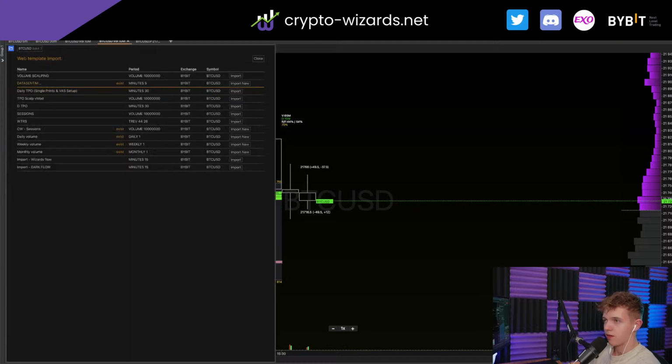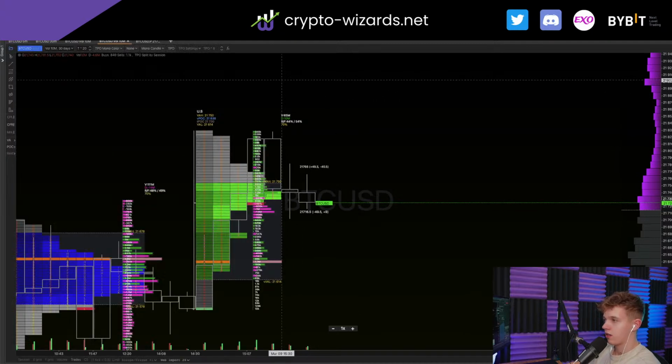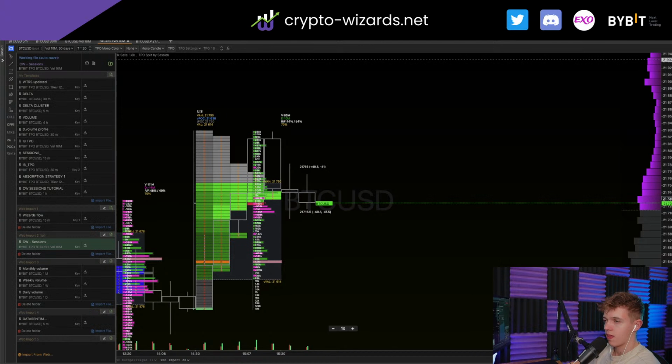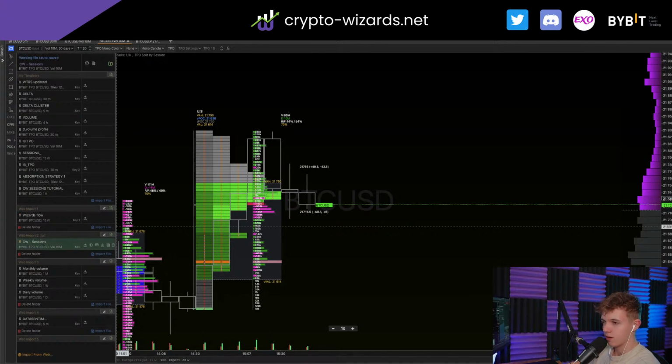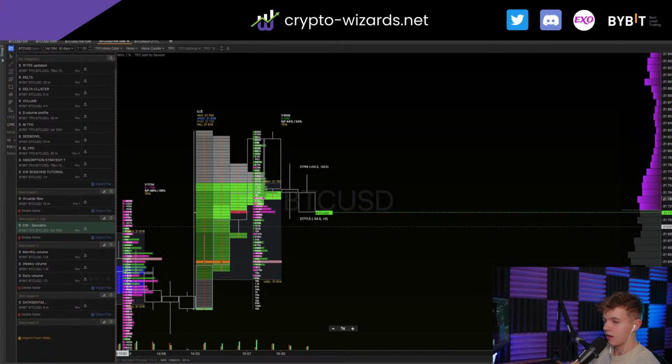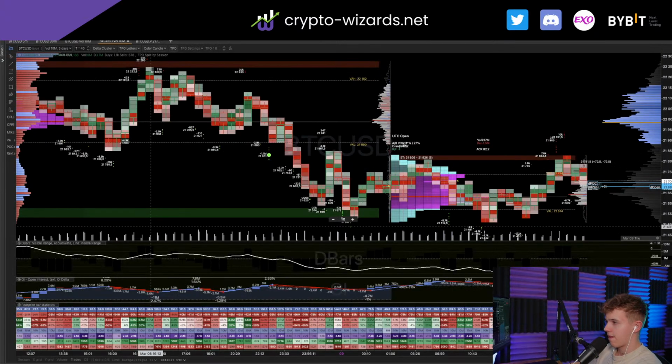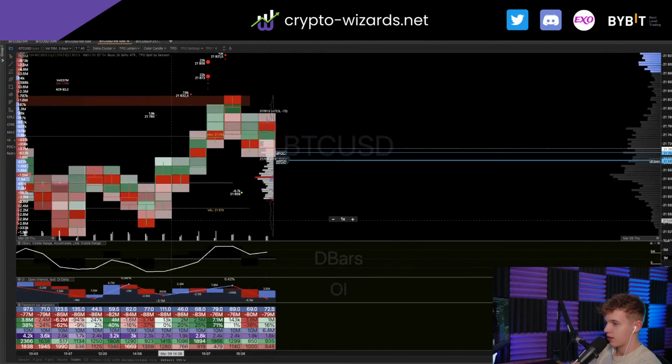Import from web. Right here, volume scalping. Import. Done. Right, let's check. This is kind of an interesting template. I haven't been using this one for a while, but let me show you. But it seems like it's not here. Oh, right here. But it's completely different from the one on the web. I hope it's the one that I wanted to open. Wait, I'll check it. Volume scalping.